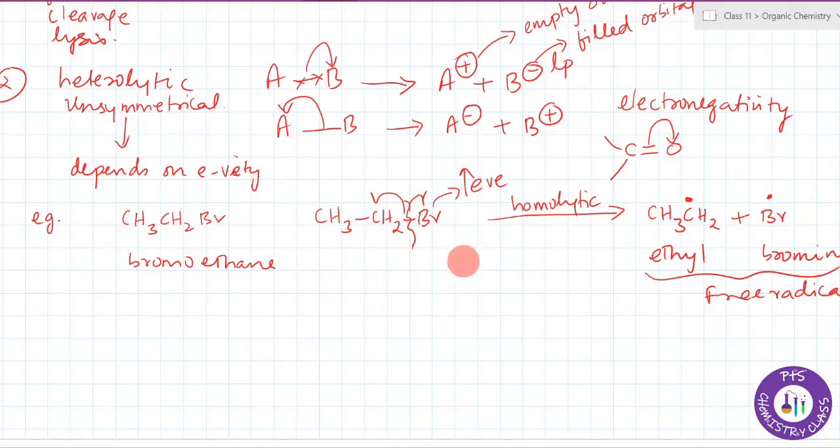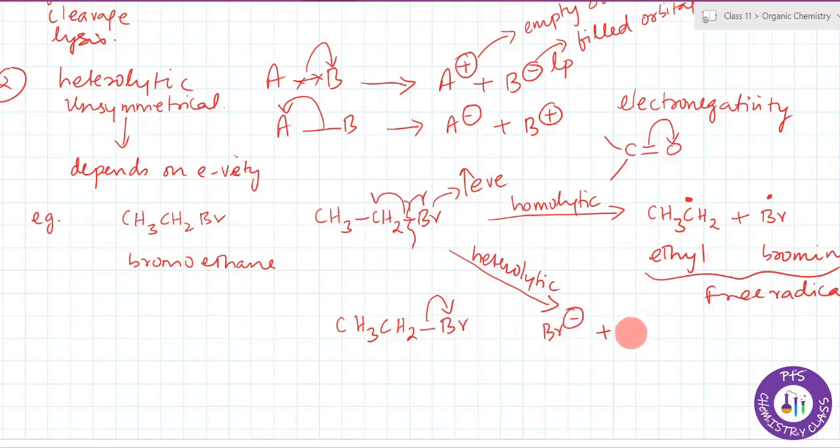Suppose instead, it breaks via heterolytic cleavage, which means one atom will get this bond. We will write it like this, CH3CH2Br. Now bromine is more electronegative, therefore it will get the share of that electron. Therefore you will have a bromide ion formed here, plus you will have CH3CH2 plus.